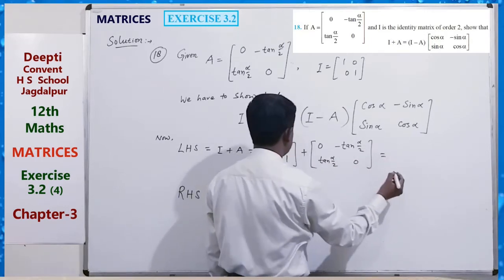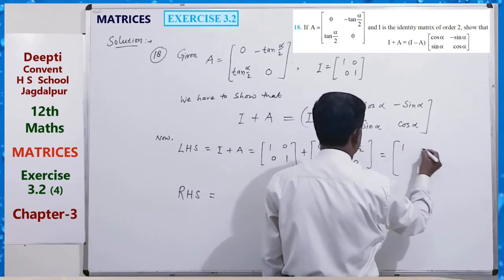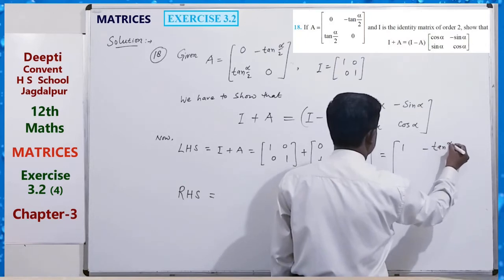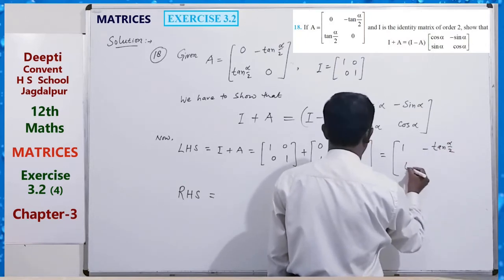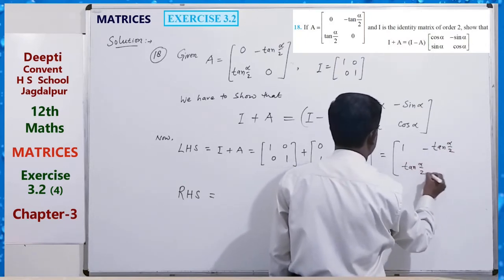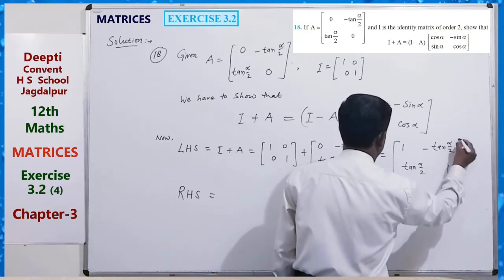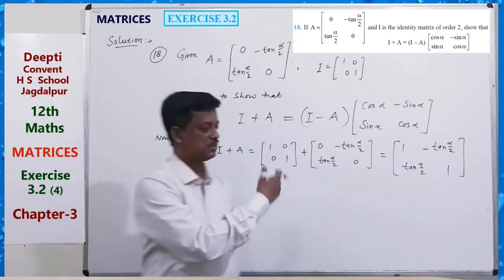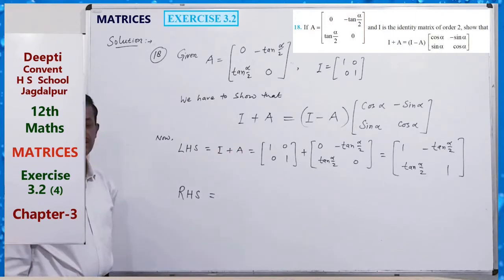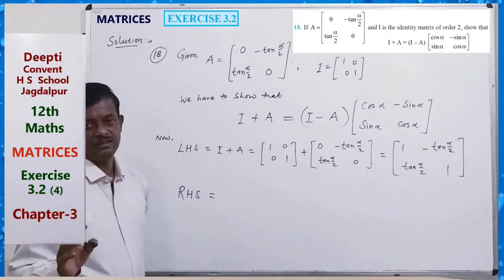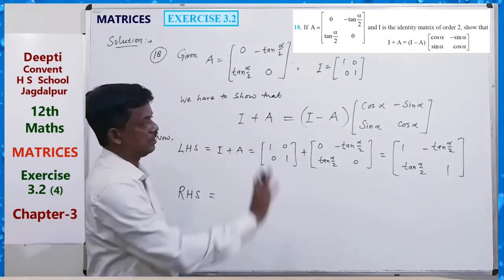So this equals 1, minus tan alpha by 2, tan alpha by 2, 1. Just after adding we can get like this.